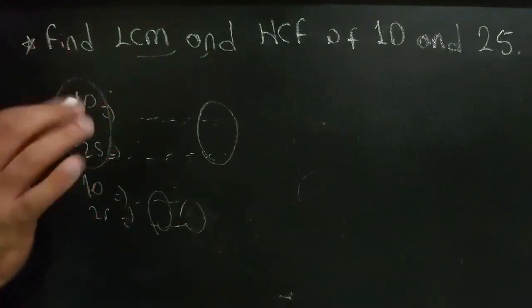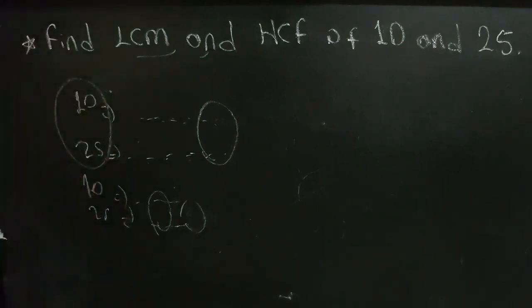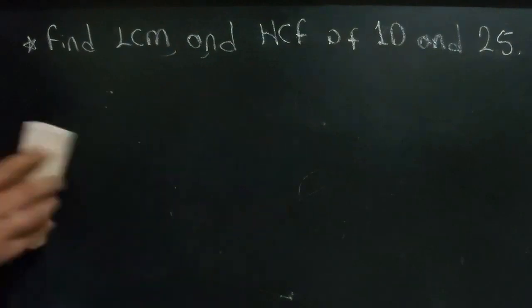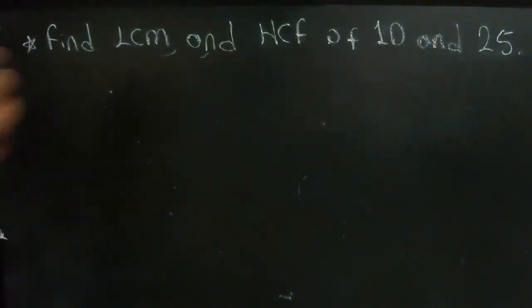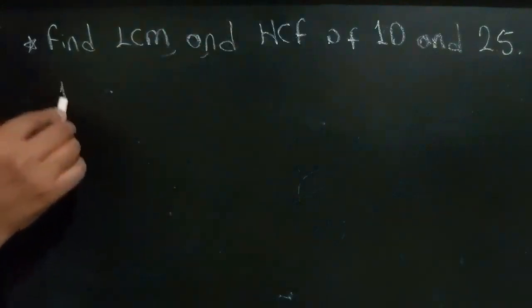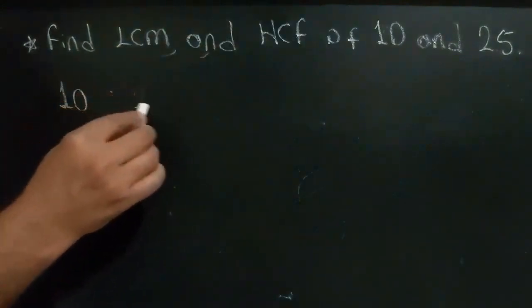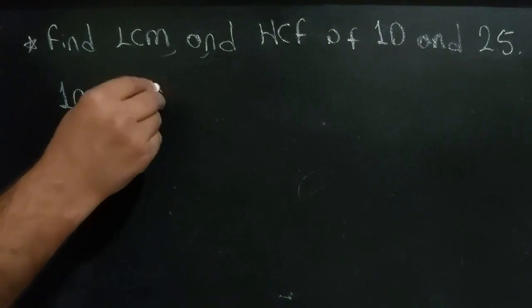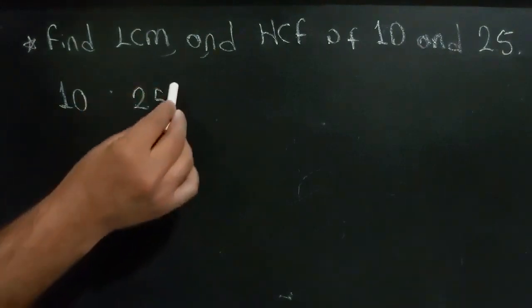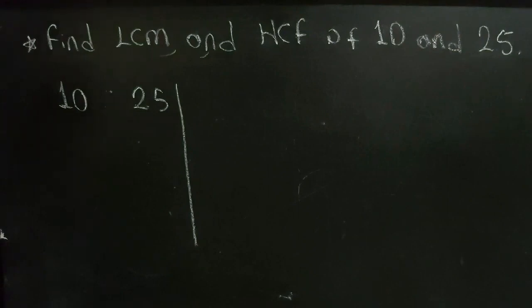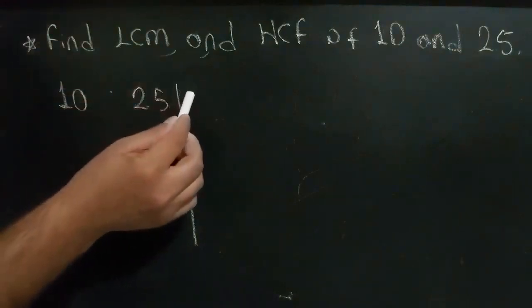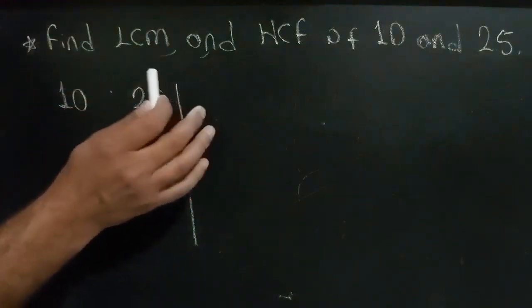See, look, pay attention please. I'm going to show you a very unique method. You write those numbers next to each other, 10 and 25. Draw a line. Start from 2. You don't have to start from 2.